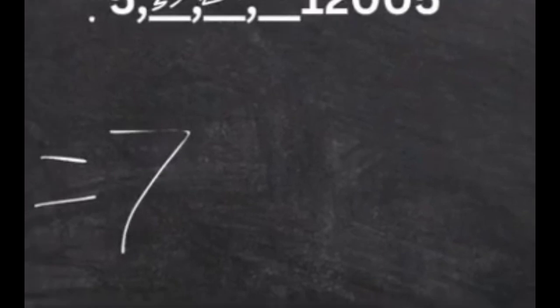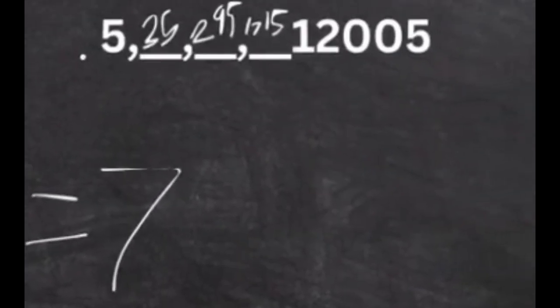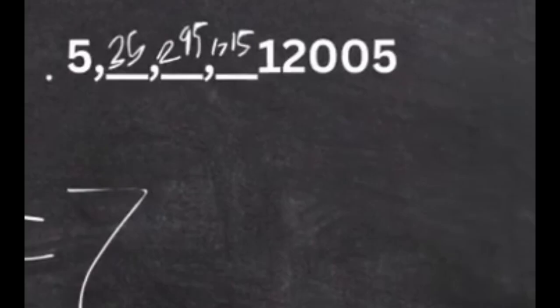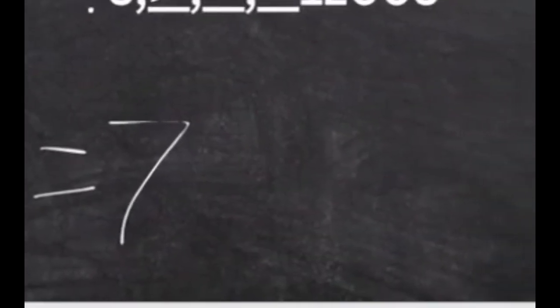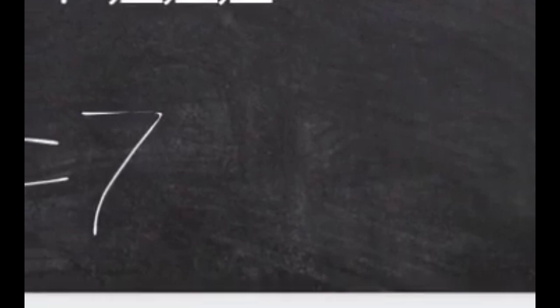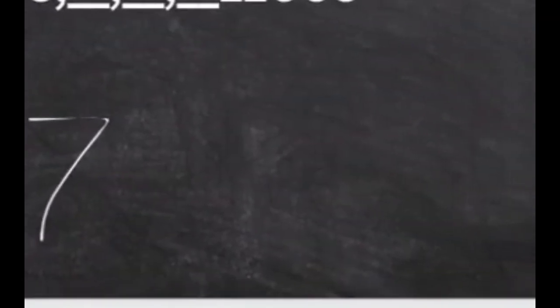To find out if 7 is really the common ratio of all these geometric means, we need to do the same thing to 1,715 and 12,005.